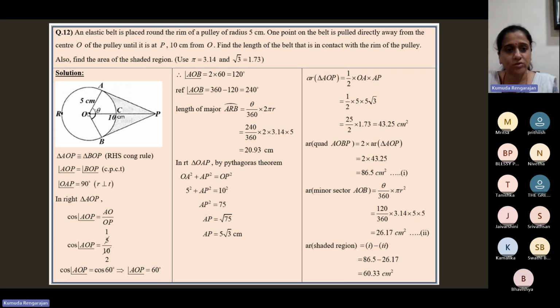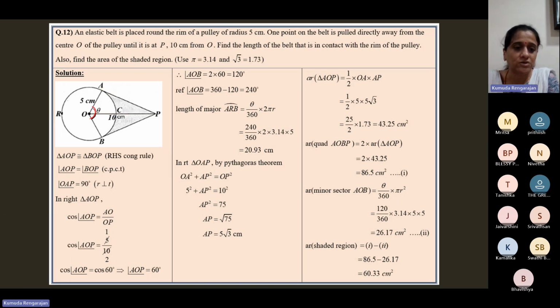To use trigonometry, you need a right triangle, and here we have a right triangle: the radius is perpendicular to the tangent. In this triangle, we know two sides. OA is 5 centimeters and OP is 10 centimeters. When you have two knowns, you can find the unknown. You are interested in finding the sector angle, this full angle.